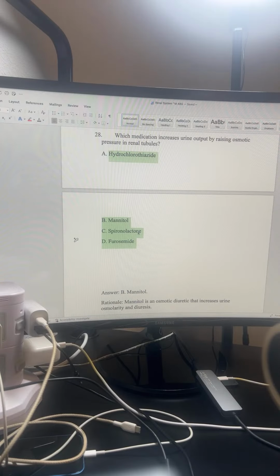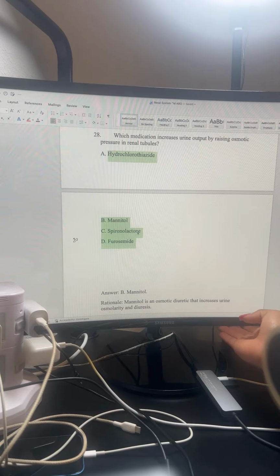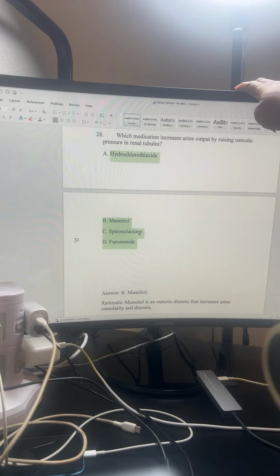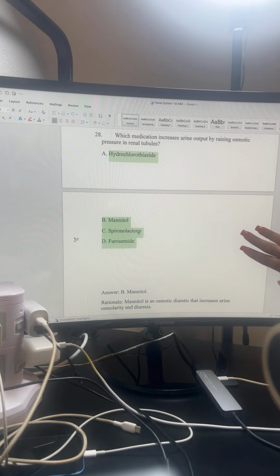Get more persons over here to come and enjoy the fun of studying. I have no clue why. I don't know what's causing it because I turned off the fan and it's still doing the same thing.